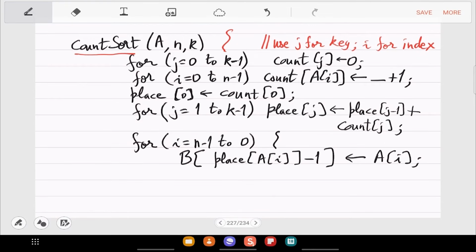What this is doing is, you are at i in the array A, so you look at the value there, A[i], then see what the place array says for that, where is the place, and do a minus 1. In that place of B, you put A[i], that value.